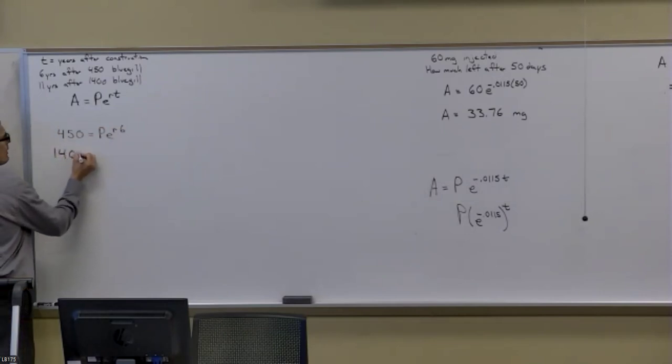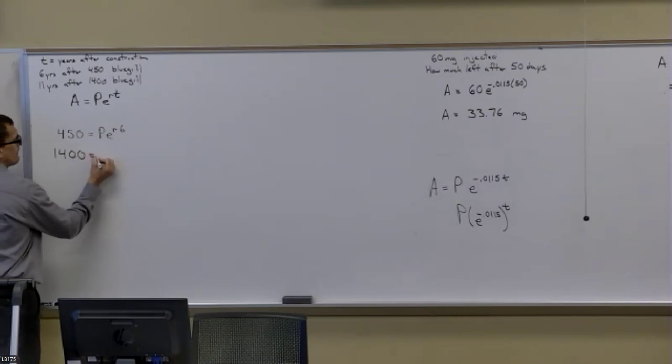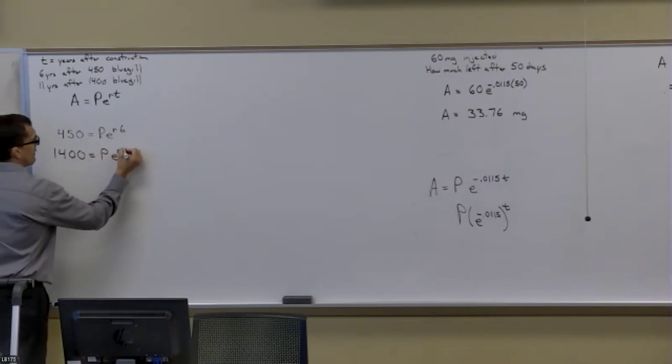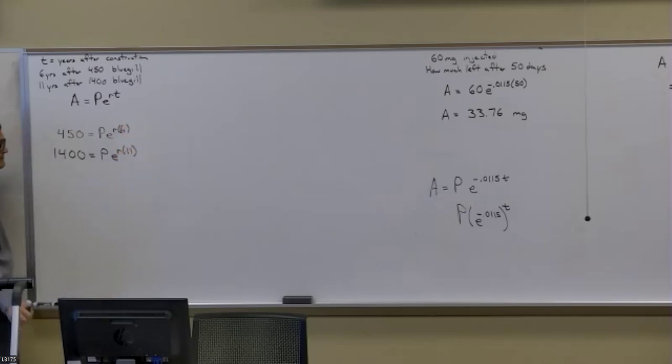And we know that 1,400 is how many bluegill are in the pond 11 years after. And what I want to do is take these two equations and use those to find my rate of growth and my initial amount.